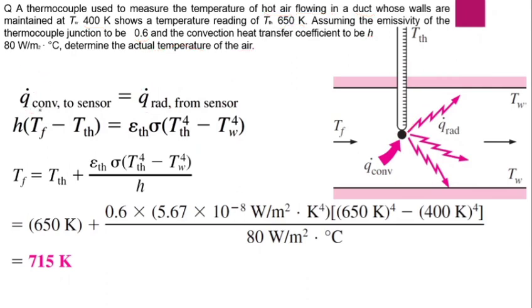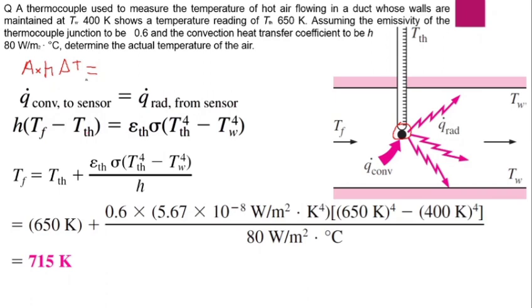So the heat coming to the thermocouple because of convection from the air, we can easily calculate with the help of Newton's law of cooling, right? That is Newton's law of convection. And we already know the formula that the convection heat transfer because of the temperature difference is equal to A, the surface area, into h, the heat convection coefficient, into delta T. So what is this delta T? The temperature difference: temperature of the fluid minus temperature of the thermocouple.